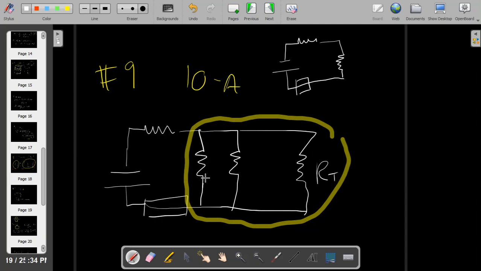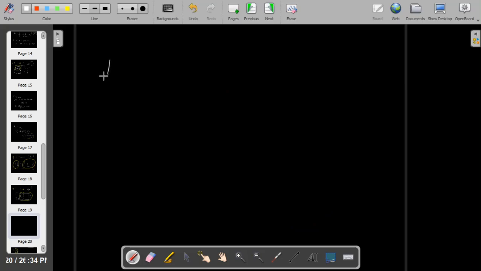All of these are in parallel, and you know that to calculate the total resistance when you have parallel resistors, you use this formula. So use it, okay, as many as you have. So let me get my numbers, because I have not memorized my numbers.